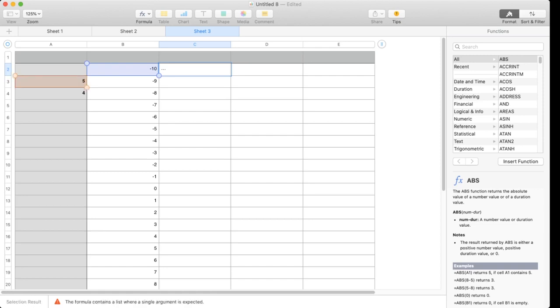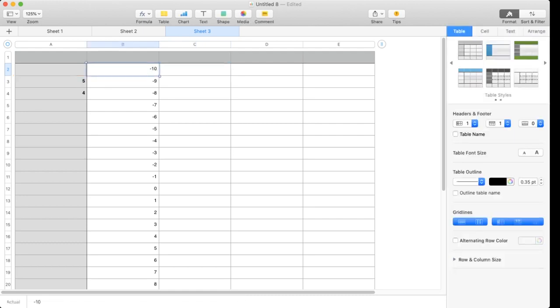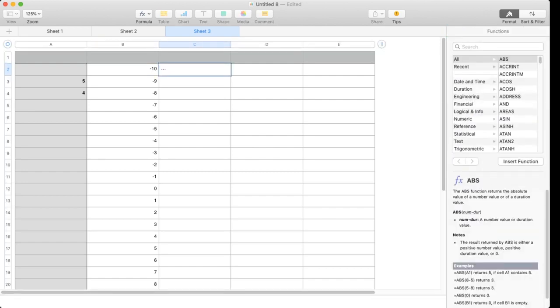Since I want it to be constant across all the values, I use dollar signs. The number is this, the average is this, with dollar signs, and then the standard deviation is this, and again we put dollar signs because we want it to be constant.